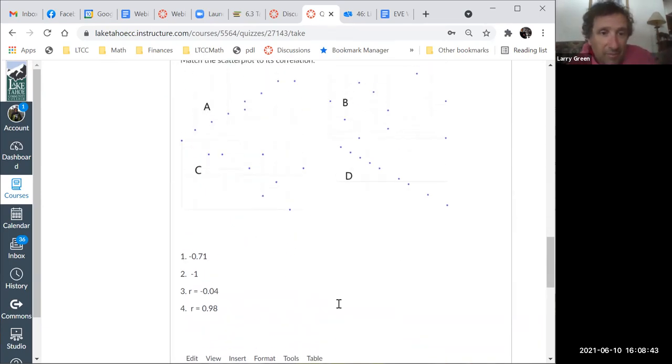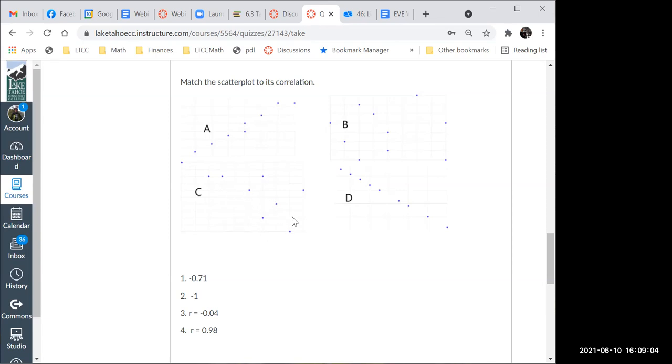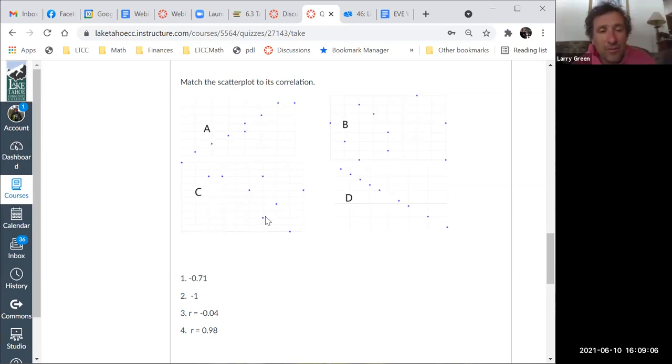Let's look at C. When you look at C, is the correlation positive or negative? Negative. Yeah, it's definitely negative because there's a tendency of a decline as you go from left to right. But are they all really close to a line, or are they somewhat scattered?